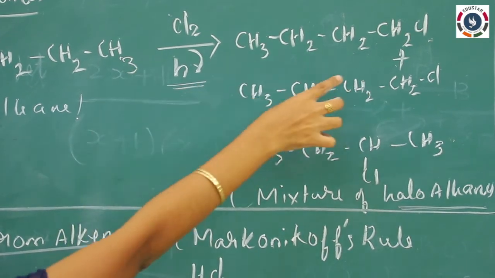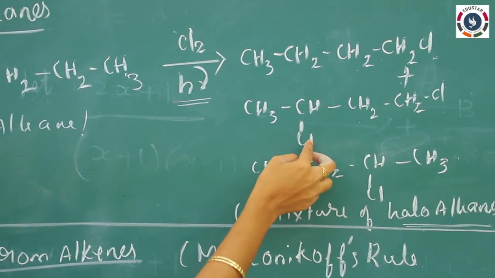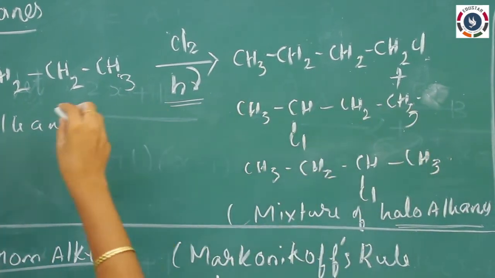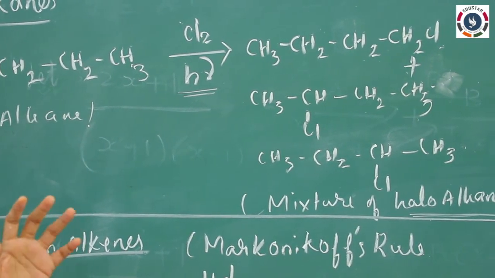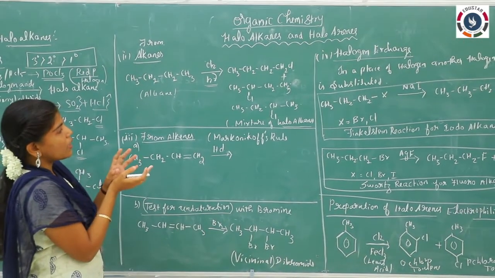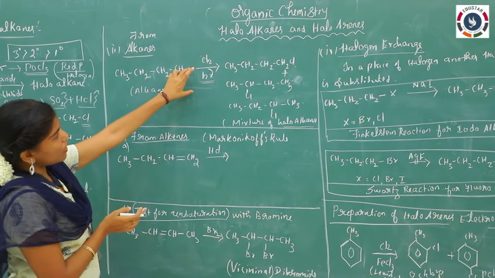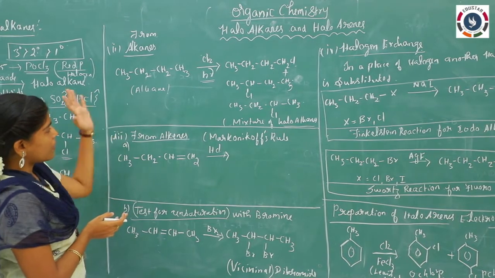In this position a chlorine is substituted. Here also the halogen may be substituted. In this atom also the chlorine can be substituted. Likewise a mixture of haloalkanes will be formed by alkanes on treatment with chlorine in the presence of sunlight. Okay, this is the next method.